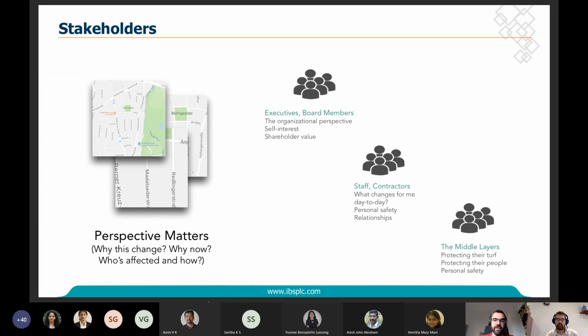And then you might have another group which might be the middle layers or middle management, people that are managing a particular area or stream, that might be looking into, okay, how is this change going to impact my department, or the priorities I need to set, etc. There are different groups and different perspectives that you need to consider whenever you're talking about the change.